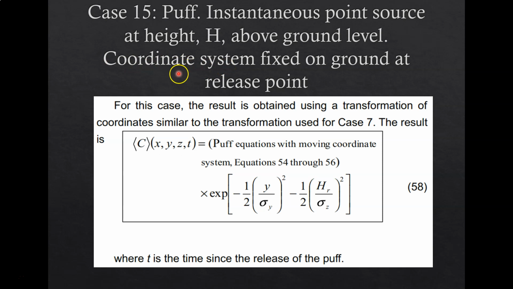One moves with the puff, while the other is fixed on the ground at the release point. For this case, the result is obtained using a transformation of coordinates similar to the transformation used for case 7. So case 15 just uses the transformation used in case 7.